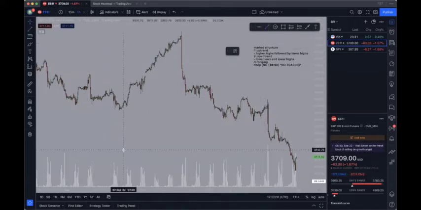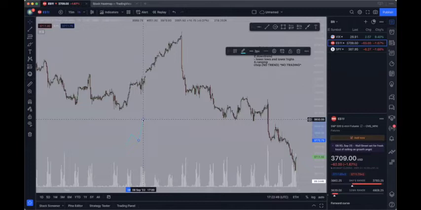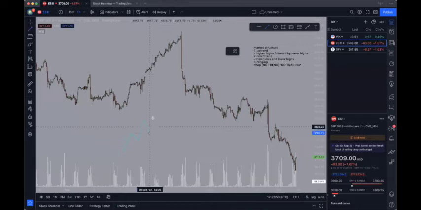So an uptrend is going to look like this. So this is the basic of what an uptrend will look like.